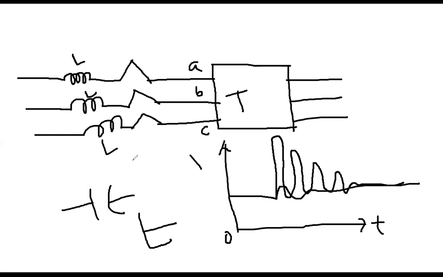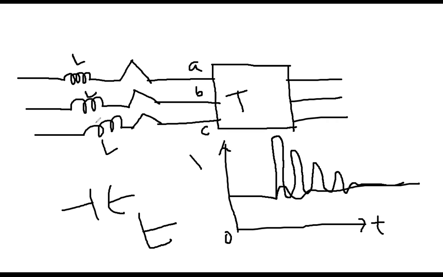So you might face this question in your FE exam: what is the recommended way to energize a transformer, whether loaded or unloaded? It does not matter. What is the safest way?